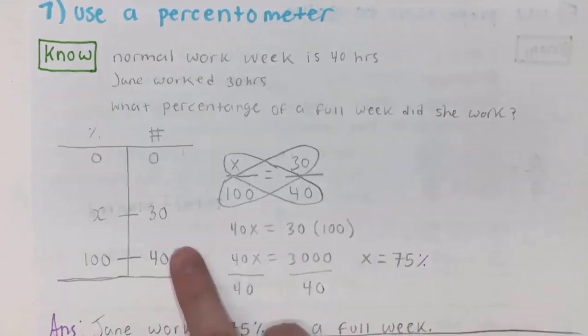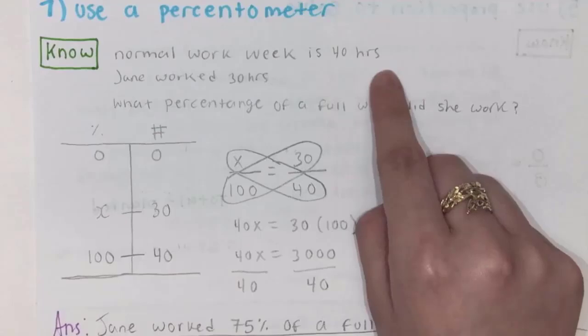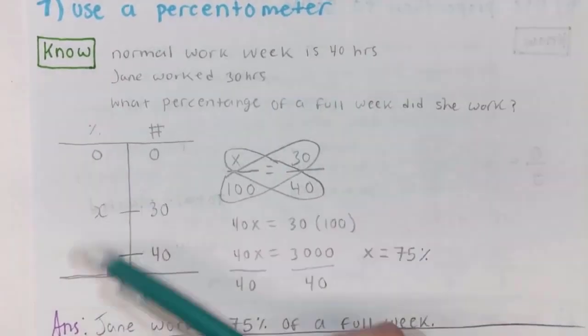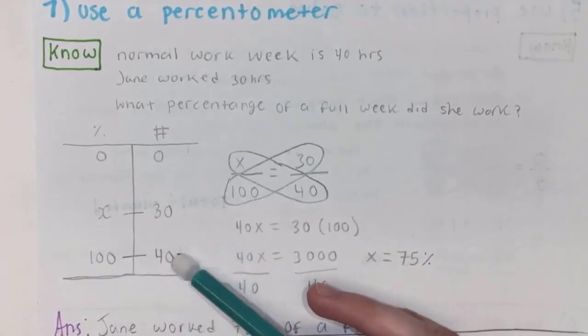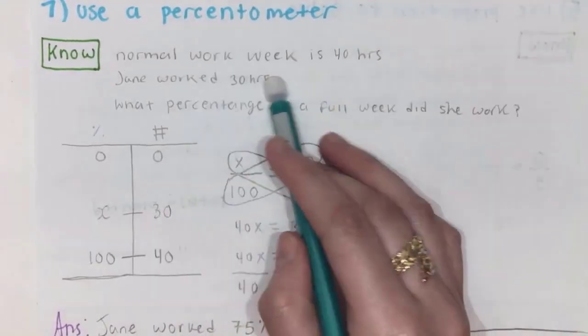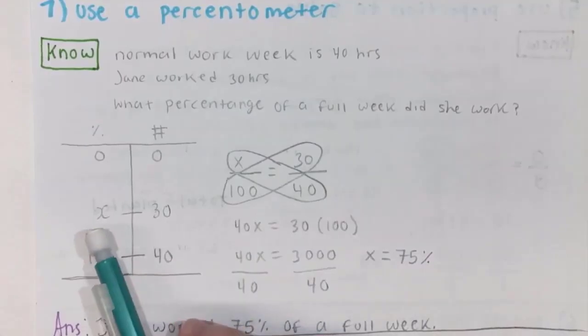So I have my percentometer here. We know that 40 hours represents 100%. So I wrote 100% on this side, and 40 on this side. And then if she worked 30 hours, what percent did she work from a full week?